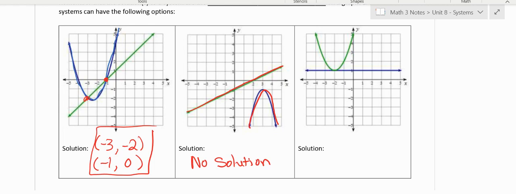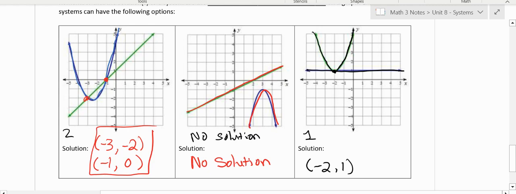And then finally, our last scenario is if I have a linear and a quadratic, and let's say the vertex touches, or just one point touches, and that's it. So this one I had only one solution, right? So I could have one solution, 2 solutions, or no solutions. This one actually would have a solution at (-2, 1), and that would be my answer.